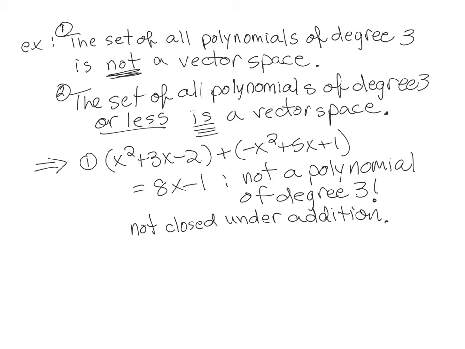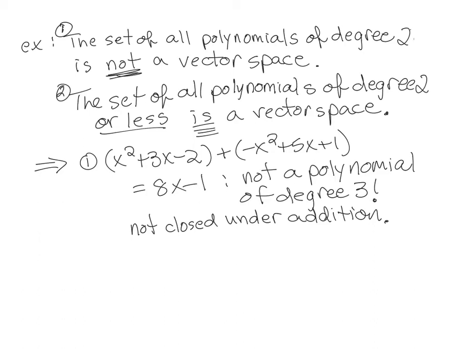Well, look at my example right here. If this is a third degree polynomial, this is a second degree polynomial. Sorry, let's change the notes. Of degree 2. I really did intend for this to be degree 2.